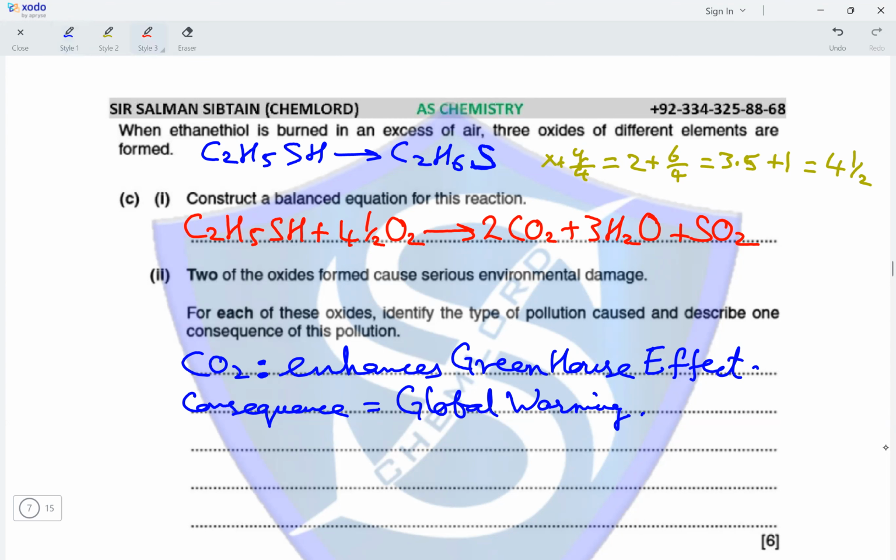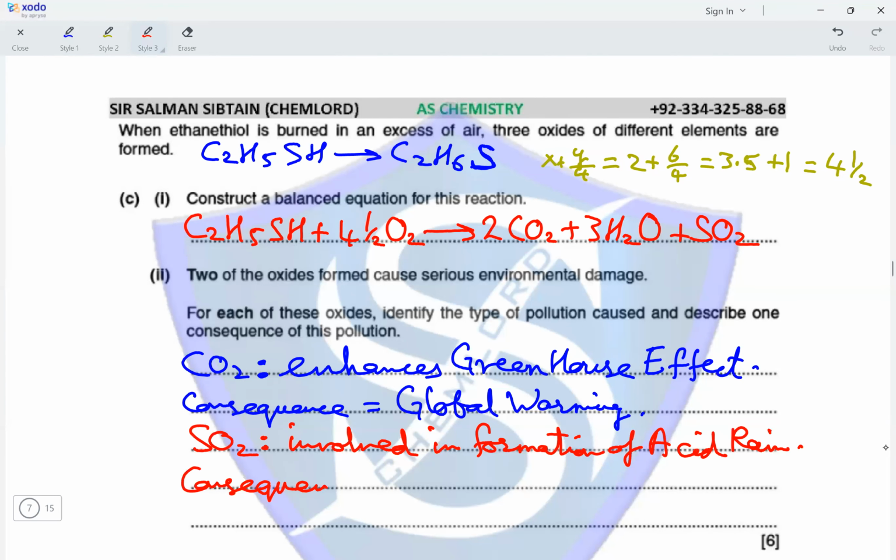And the other oxide is SO2, which is involved in the formation of acid rain, and the consequence of acid rain is damage to limestone buildings and metal works.